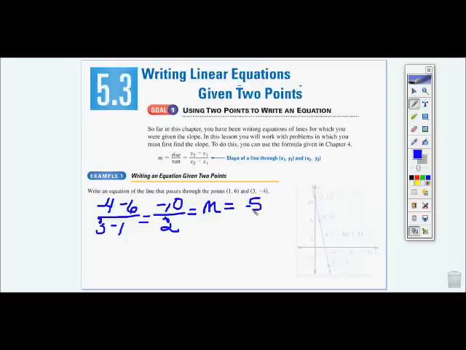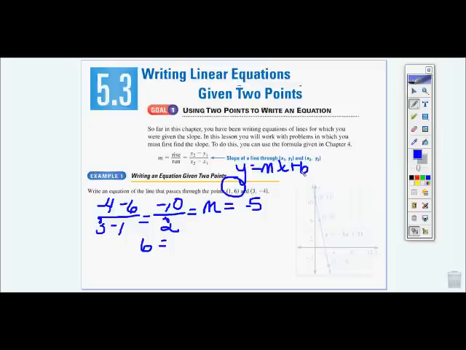Now with my slope, and now I have 2 points that I can choose from, I'm going to use the point (1, 6) because they're both positives. So I'm going to go ahead and substitute that in. I'm going to use this point for my x and my y. So y is 6 equals, I'm putting it in slope-intercept form, y equals mx plus b form.